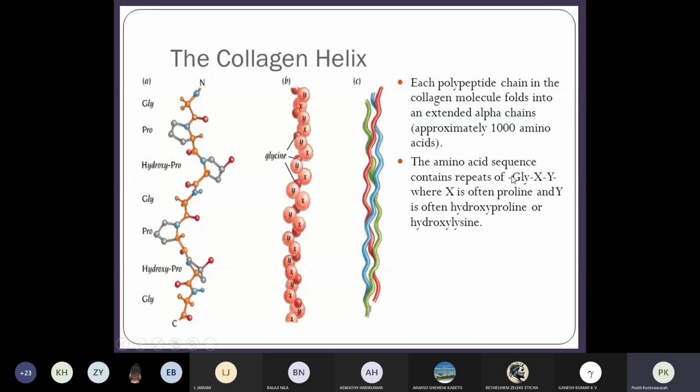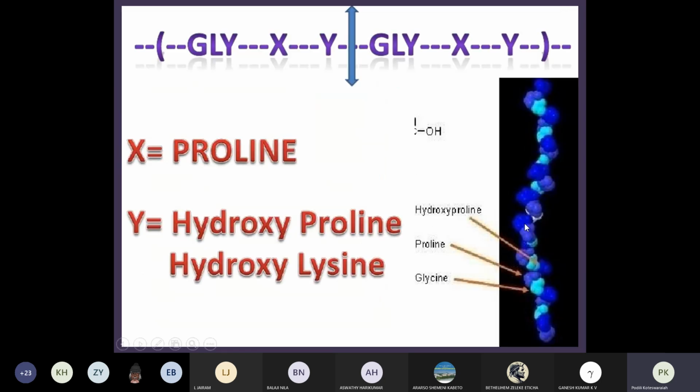Each polypeptide chain has several tripeptide repeats, and these tripeptide repeats are glycine, X, Y, again glycine, and so on. Here X is proline and Y is often hydroxyproline or hydroxylysine. So what you see in a single polypeptide chain is glycine-X-Y, glycine-X-Y.